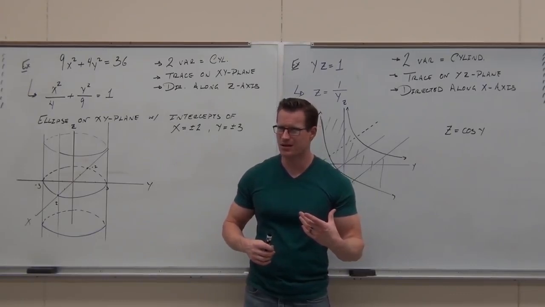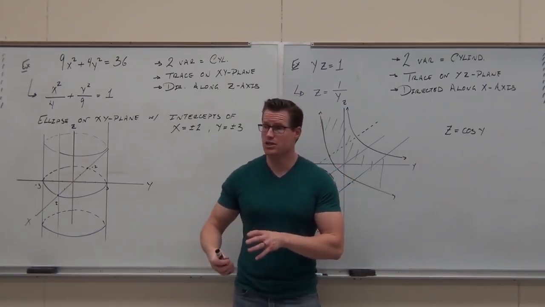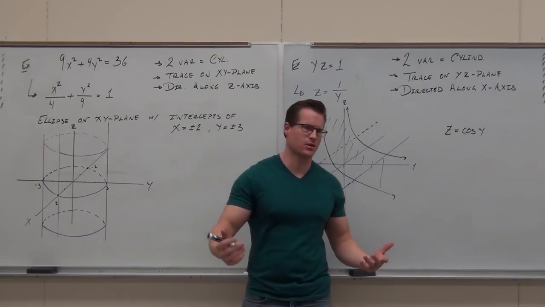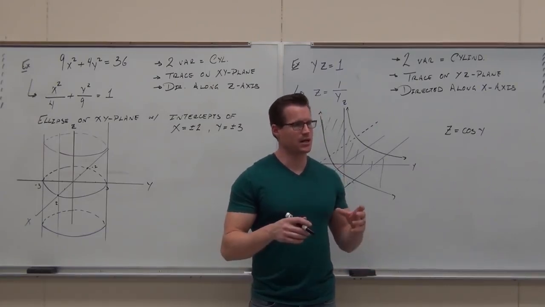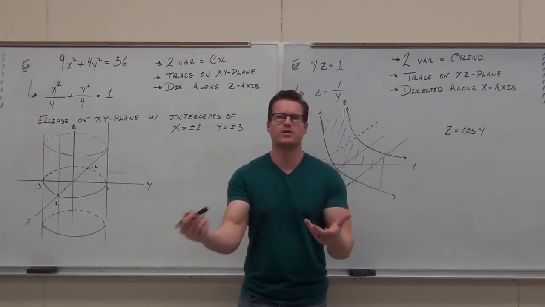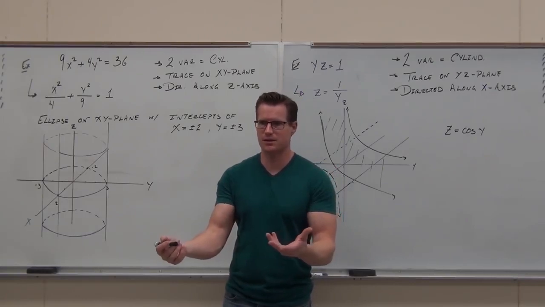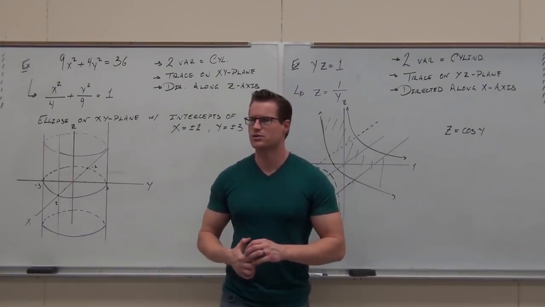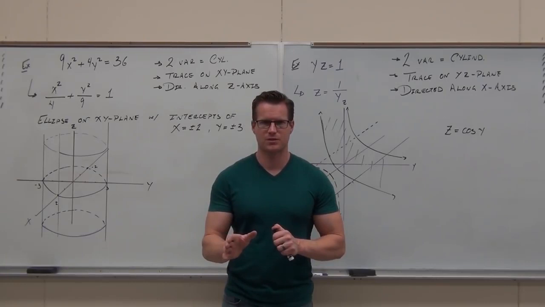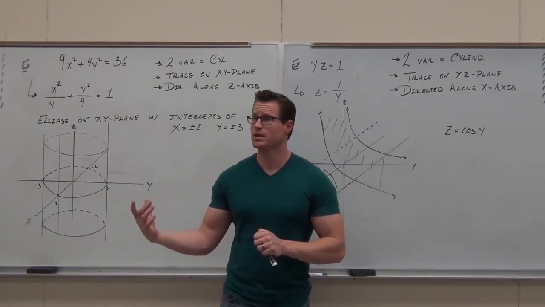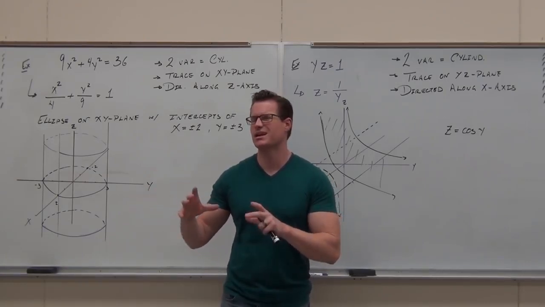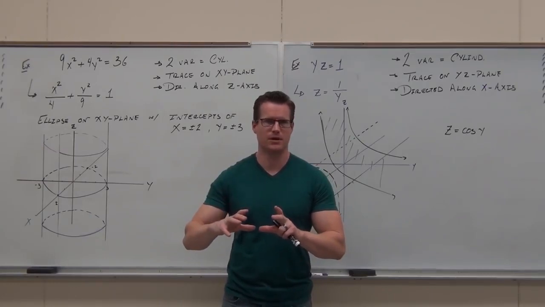Does that make sense to you? So I have to have you know this. Not just because I'm saying, hey, draw a cylinder. Yeah, you can draw a cylinder, it's pretty easy. But then I'm going to say, if you can draw the cylinder, let's put some curves on that cylinder. And then that gets kind of crazy if you don't know how to draw a cylinder. So does it really make sense? Do you have any questions on this? Could you at least tell me what plane the trace is on at any time? Could you tell me what axis it's directed along?